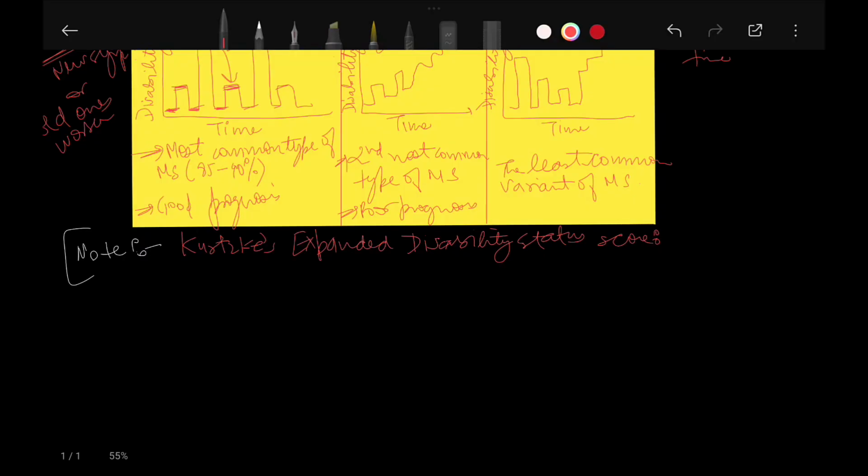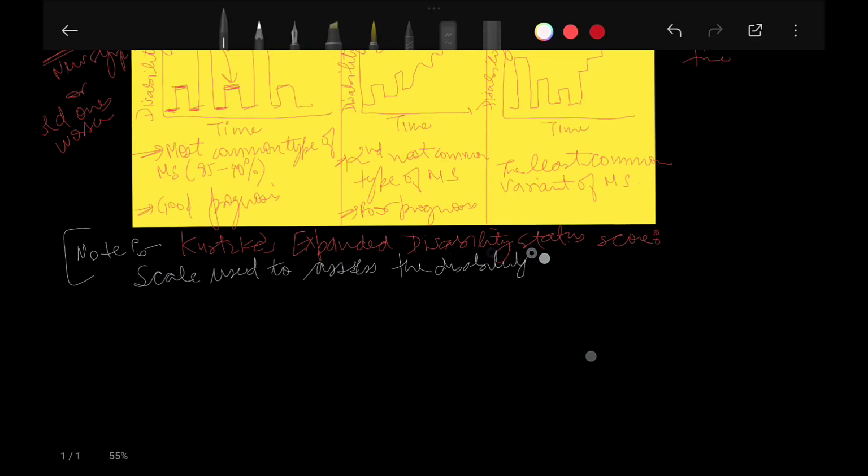It is a scale used to assess the disability in multiple sclerosis. So now we have discussed types of multiple sclerosis, diagnostic criteria, spinal cord involvement, CSF and MRI.